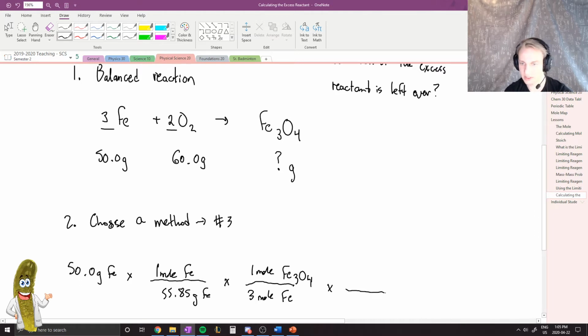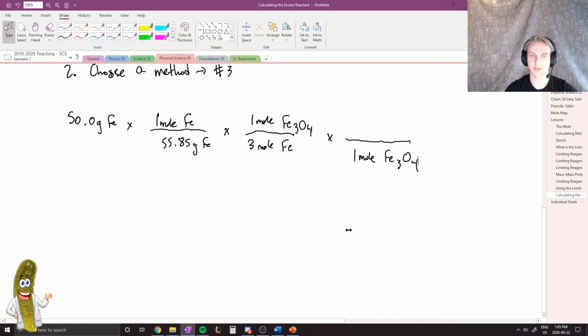We said we wanted to get to grams of Fe3O4, so we need to use the molar ratio and the molar mass. So I have 3 Fe's, and I figured out over on the left side of this reaction that Fe has a molar mass of 55.85. And then I have 4 oxygens, and I know that oxygen has a molar mass of 16.